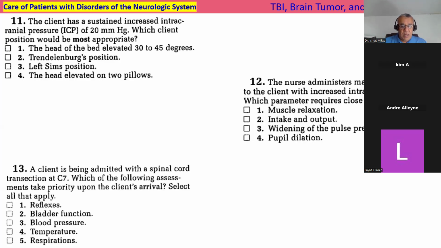12, when you administer mannitol, Osmitrol, to a client with increased ICP, we have parameters that would require close monitoring. What exactly are you looking for to say the drug has been effective?